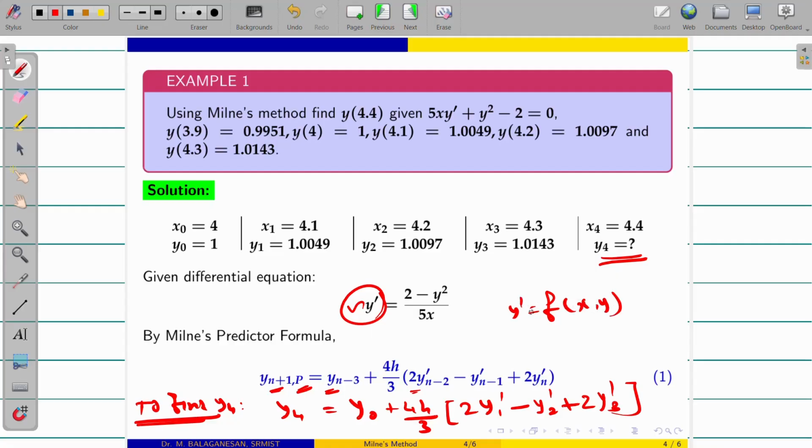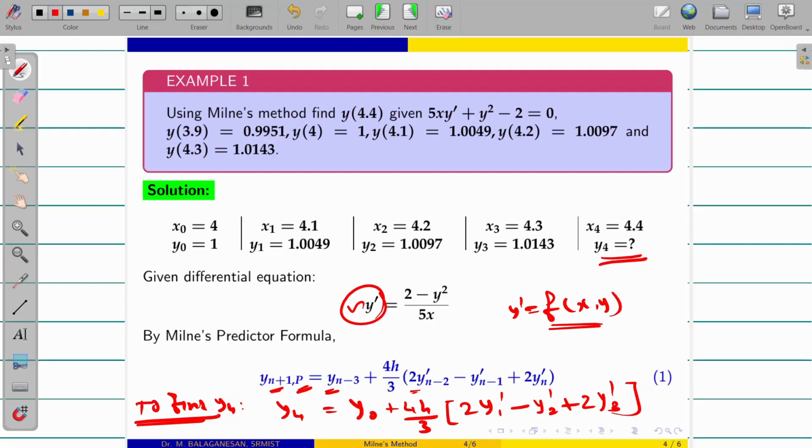Could you remember? In Taylor's, we take the derivative as y dash, we solved it. Similarly, in Milne's, we take the derivative as y dash alone. But in some other models, we consider that as f of x comma y.